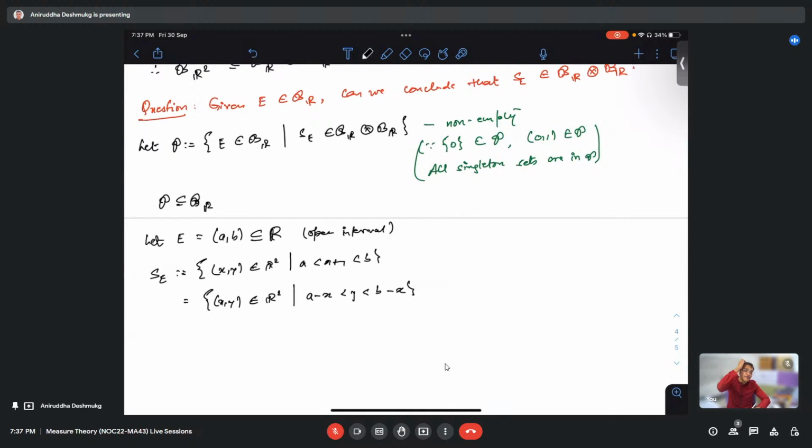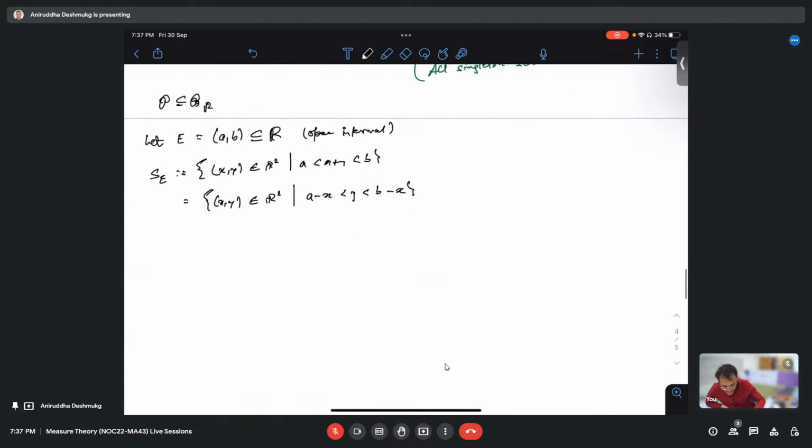Now the question is how to prove that this is inside BR cross BR. One way is, let us prove it is an open set, and therefore it is a Borel set, and the Borel sigma algebra is contained inside BR cross BR. Therefore, SE is inside BR cross BR.